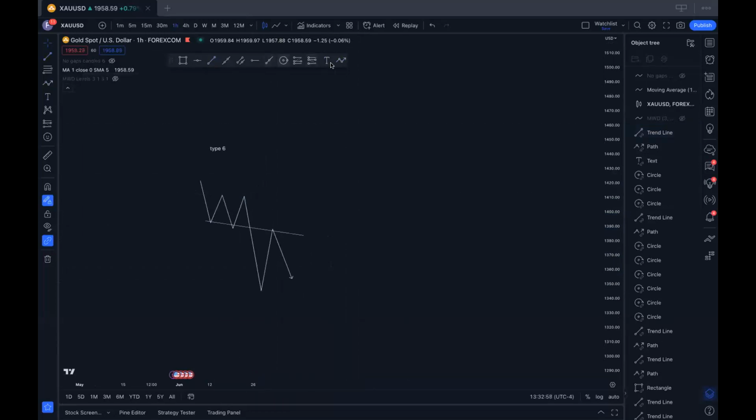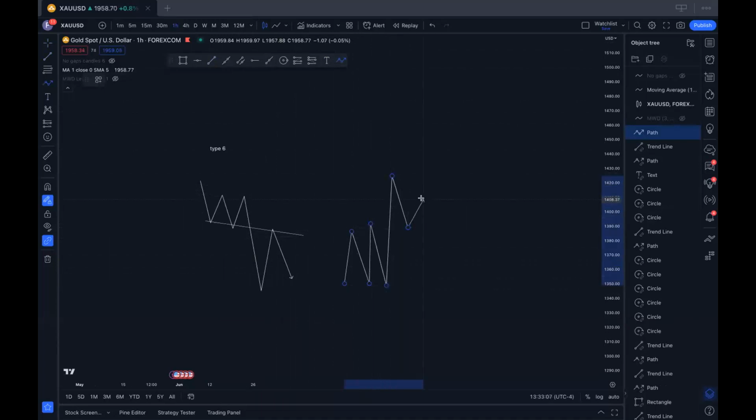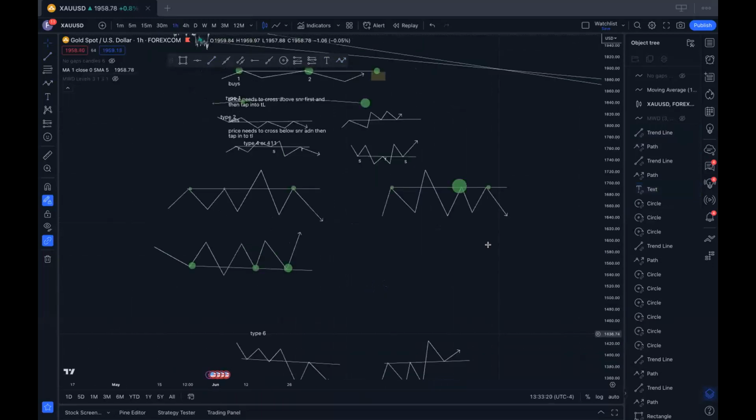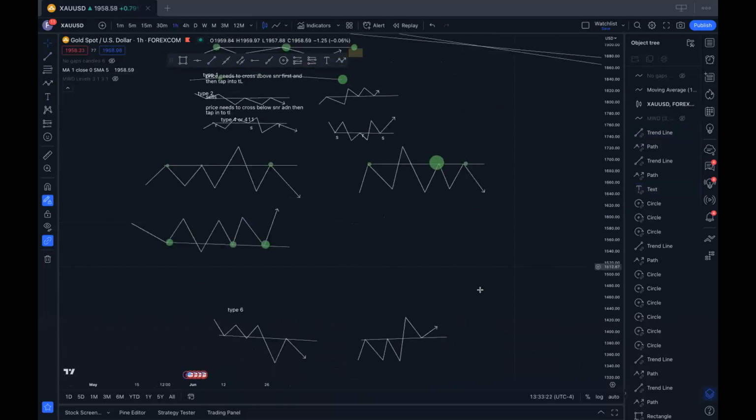Okay. And buy side would be resistance, resistance, breakout, support. Cool. These are going to be your trend lines right here.